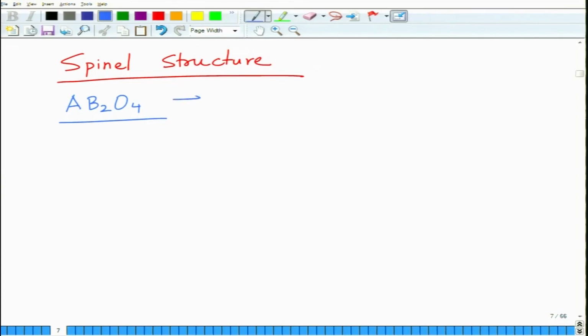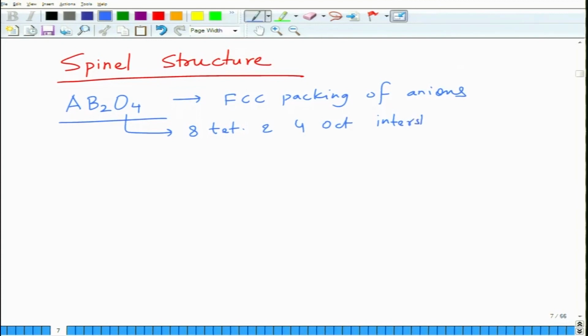It is again based on FCC packing of anions, and if it is based on FCC packing of anions, you can see that for 4 oxygen you will have 8 tetrahedral and 4 octahedral interstices per formula unit, right? Each formula has 4 oxygen atoms. This will give you 8 tetrahedral and 4 octahedral.